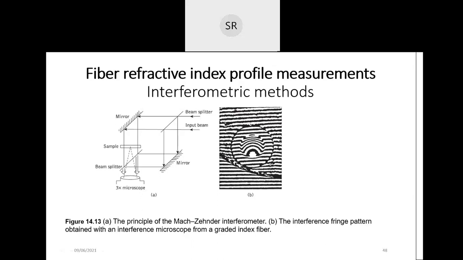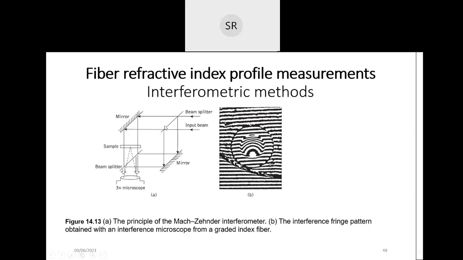That's why we will use a gradient index fiber to measure the index profile, and the index profile of a fiber will tell you the number of modes propagating within the fiber.